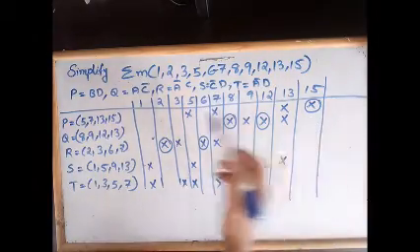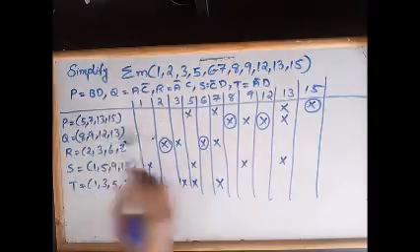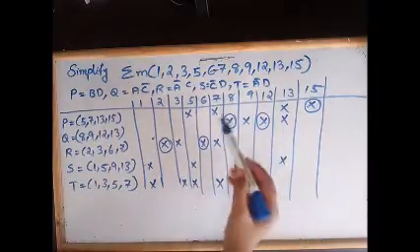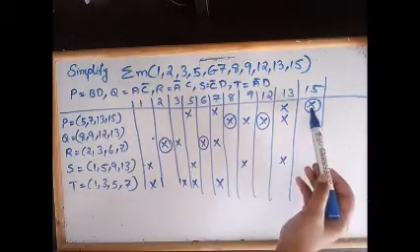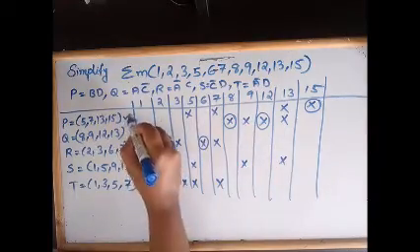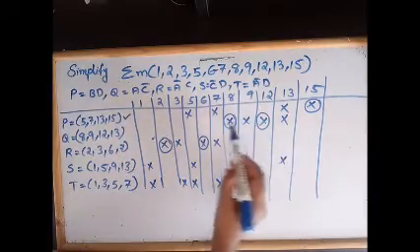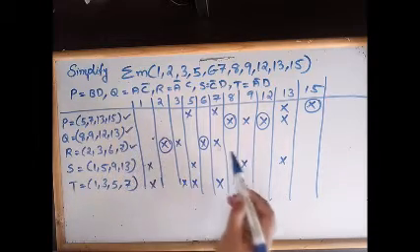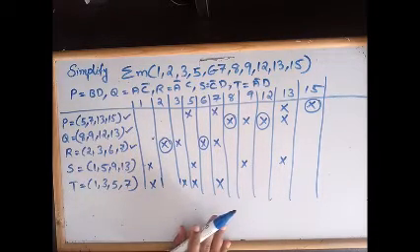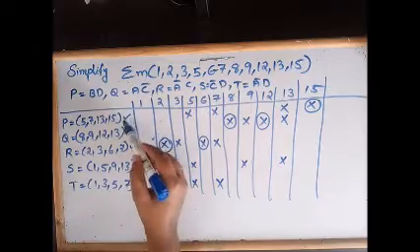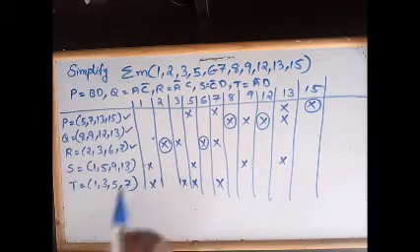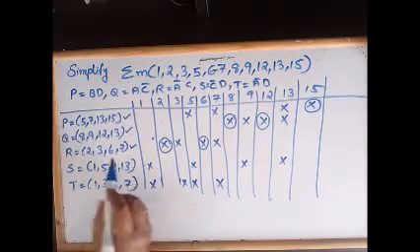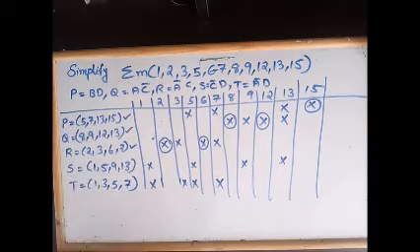Then identify the prime implicants corresponding to the circled crosses. This one corresponds to P, this circle corresponds to Q, and this corresponds to R. So these ticked ones are essential prime implicants. That is, P, Q and R are essential prime implicants, which should be there in the simplified form.